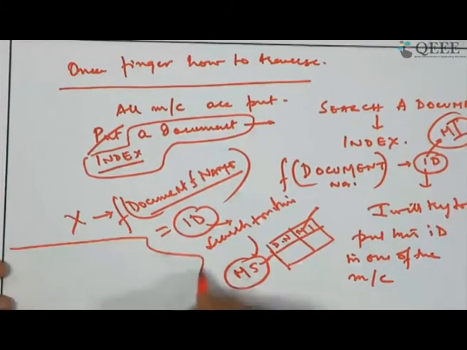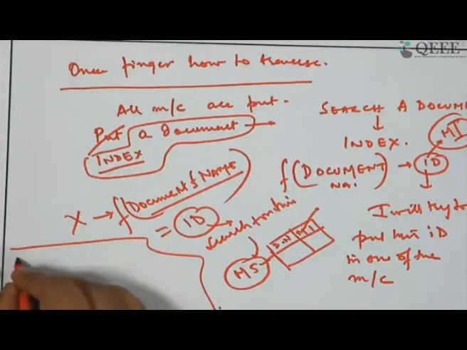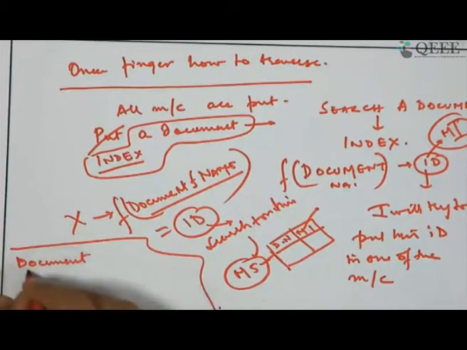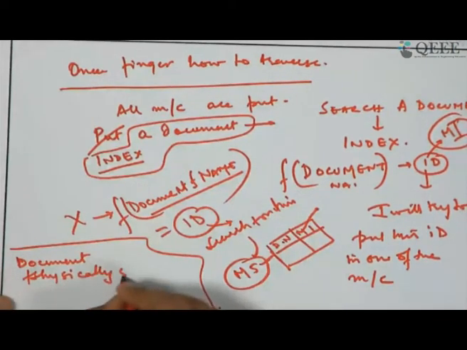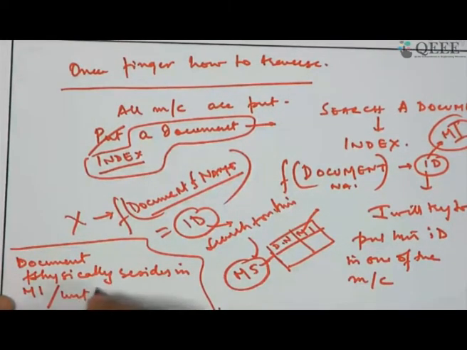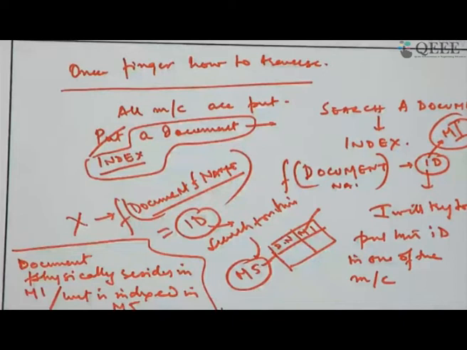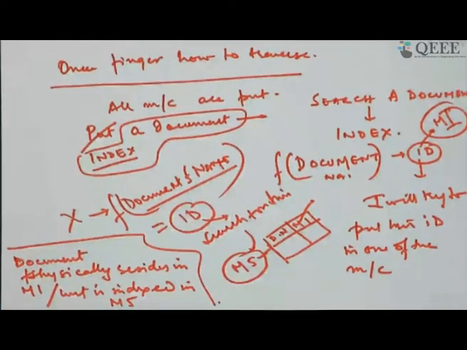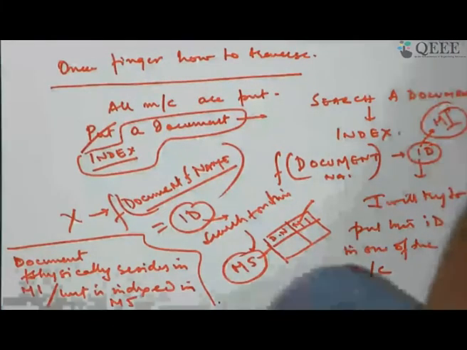Again, it's a little bit complicated, that the document physically resides in machine 1 but is indexed in machine 5. Okay. So try to understand this, that the document is physically residing in machine 1.